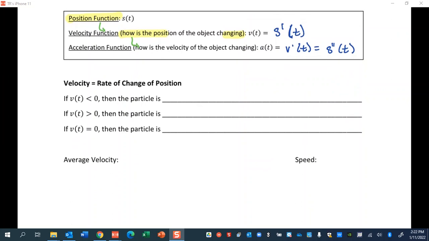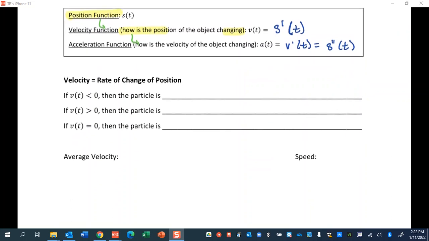So velocity is the rate of change of position. If our velocity is less than 0, and we want to make sure that we understand that that is going to be a negative, if we have a negative velocity, then that means that our particle is moving in a negative direction.